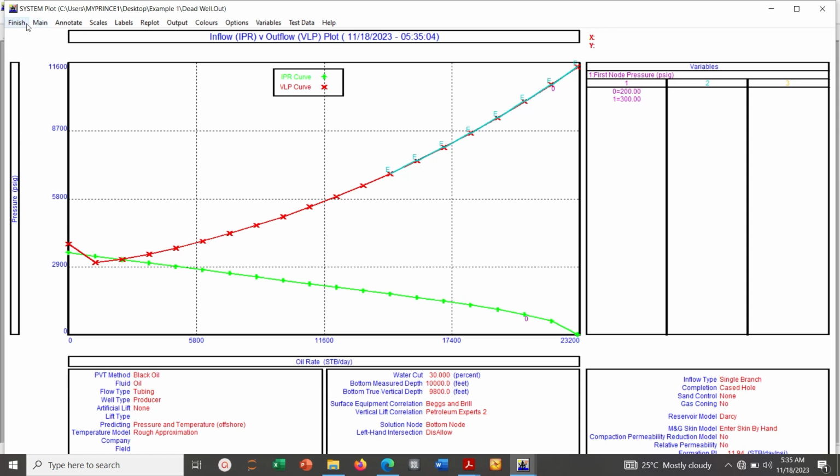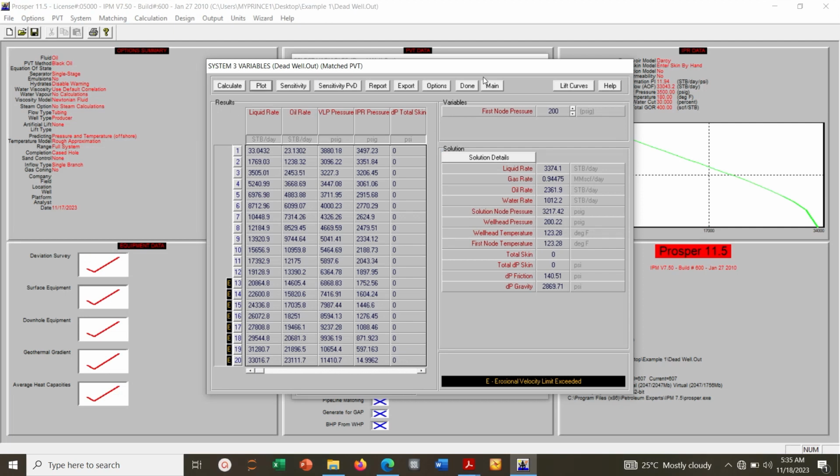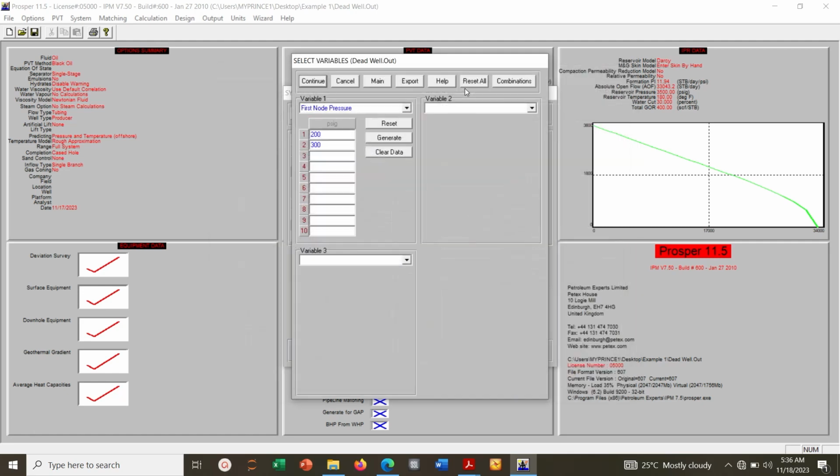So let's quickly reverse this condition. We cannot reduce the wellhead pressure to 200 if the separator pressure is 200 or more than 200. Let's go back to the current situation, which is 300.